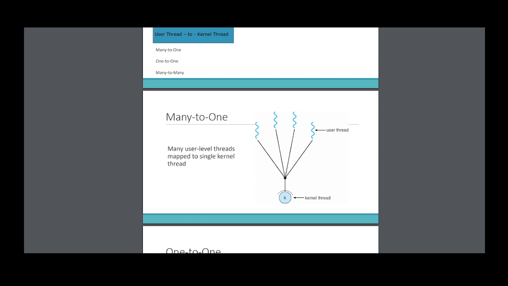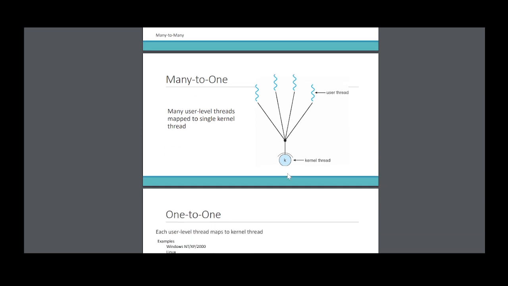In the many to one model, multiple user threads try to use one kernel thread, which can be a problem. The disadvantage of many to one is that since there are several user threads trying to enter one thread, one thread can block other threads, so it takes longer time.